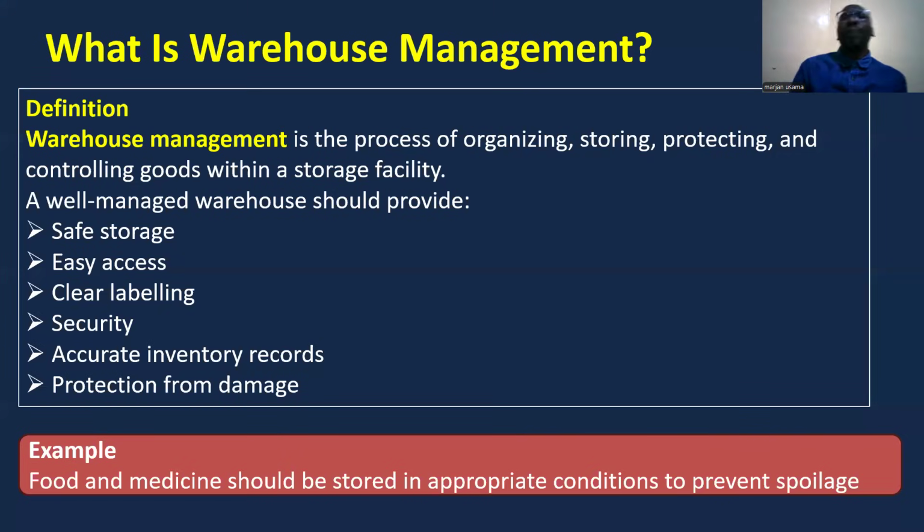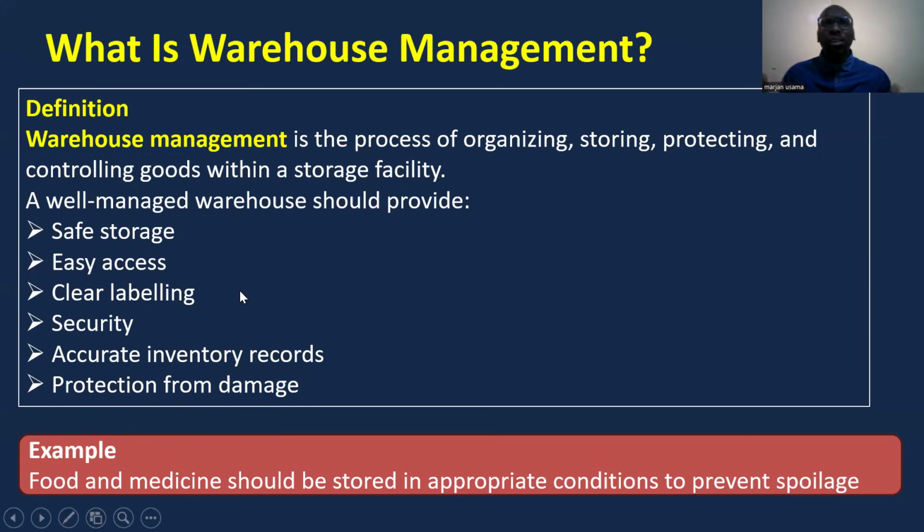Now, what is warehouse management? So warehouse management is the process of organizing, storing, protecting, and controlling goods within a storage facility. So a well-managed warehouse should provide safe storage for our supplies, and easy access, so if you want to get anything inside the store, you can easily get it. Clear labeling.